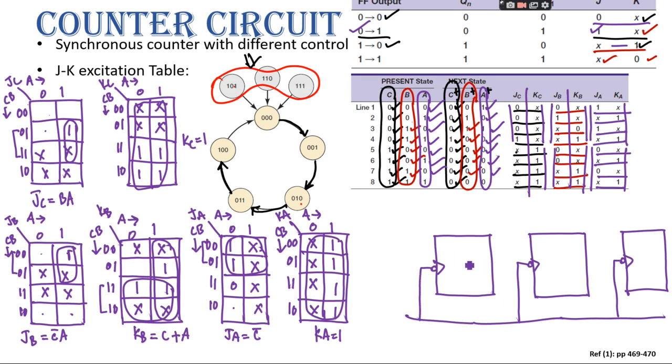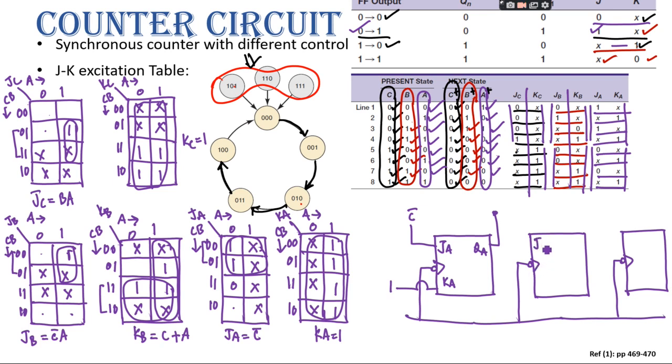Now, suppose this is JA, KA, and this is my output QA. This output should go as the output. So for JA, what should be my input? C bar, sir. It should be C bar, right? Yes, sir. And for KA, it should be 1.